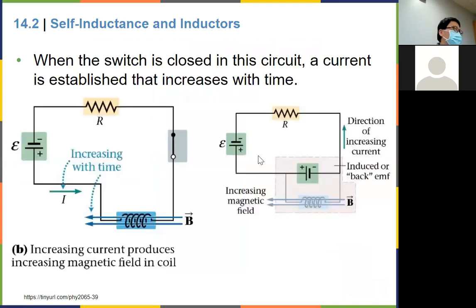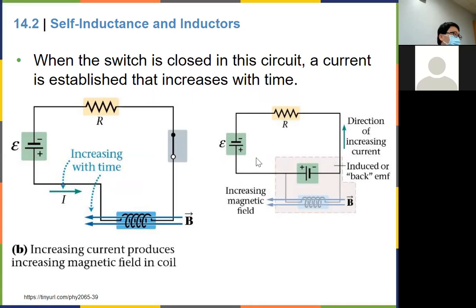So last time we started chapter 14 by looking at the second section first, on self-inductance and inductors. Basically, if you have an inductor, which is just several coils stacked together in a circuit, and there's a current change, then you'll have an induced EMF, or back EMF, by the coil, opposed to the change of the current.